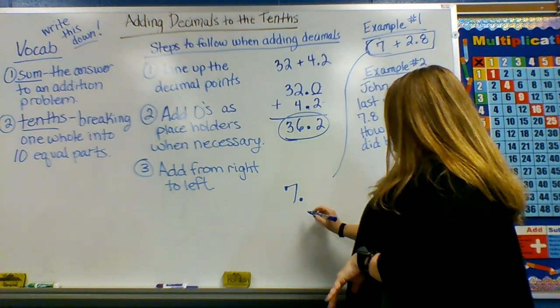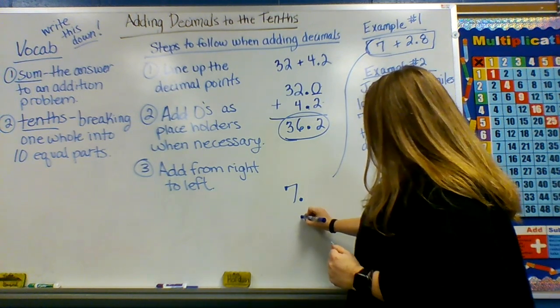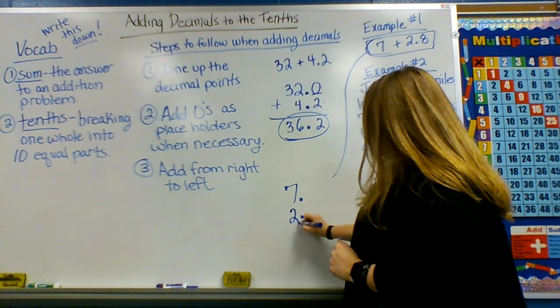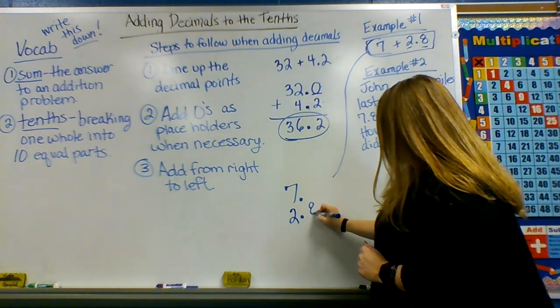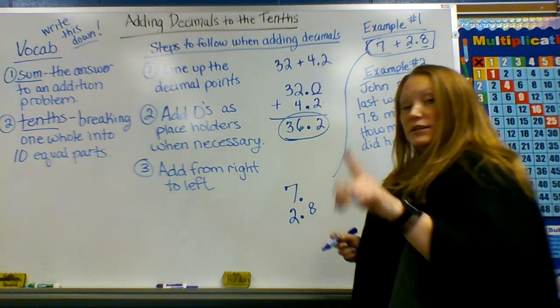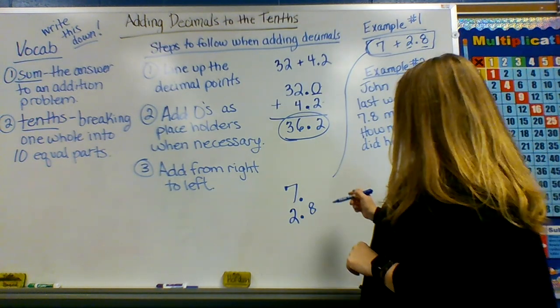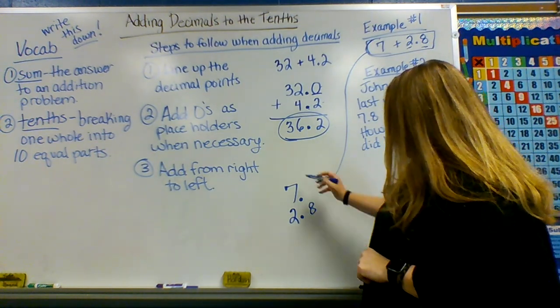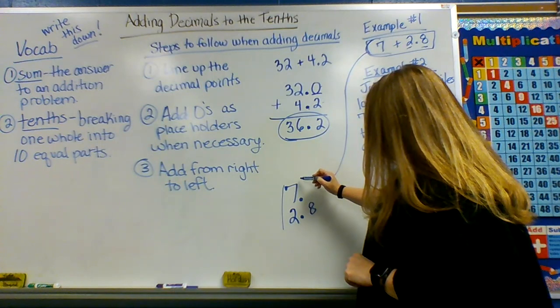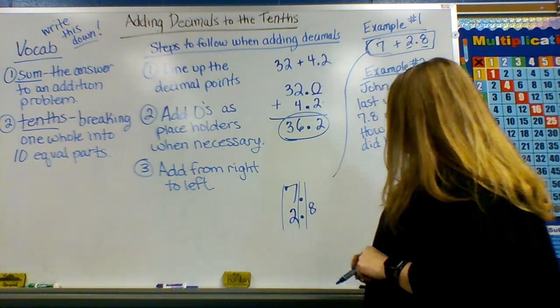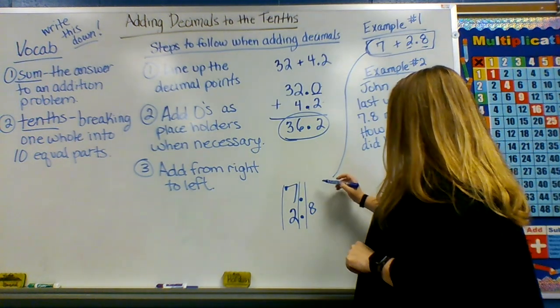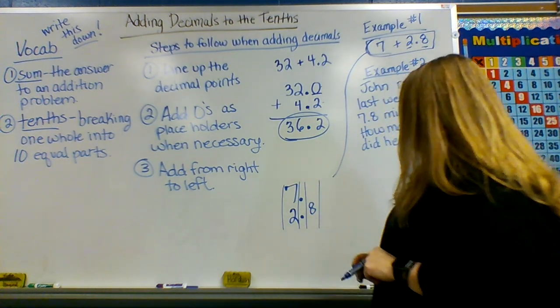Plus 2 8/10. So here's my decimal. A 2 is before the decimal, and what's after the decimal is an 8. Now, there is another way that you can make sure everything is lined up. We could put lines before the 7 and the 2, between the decimals, and then after.